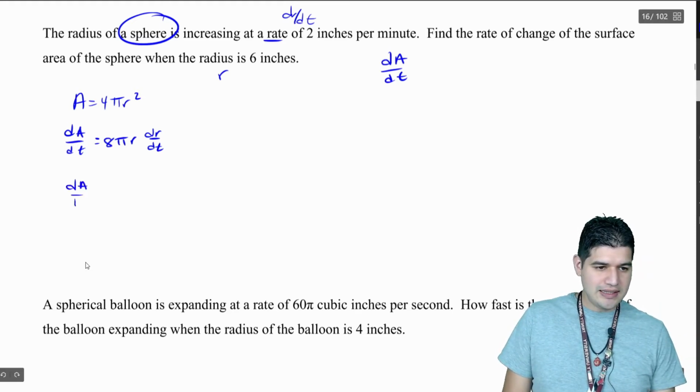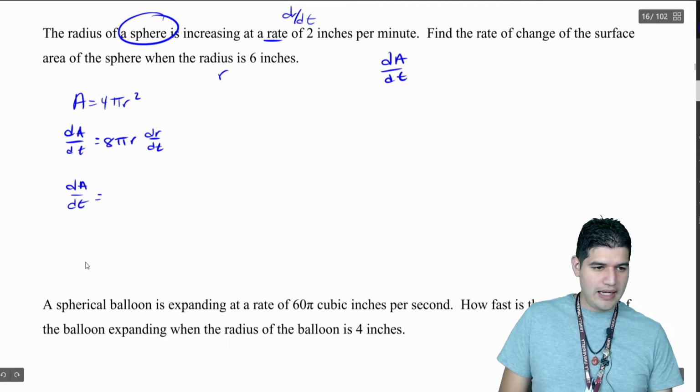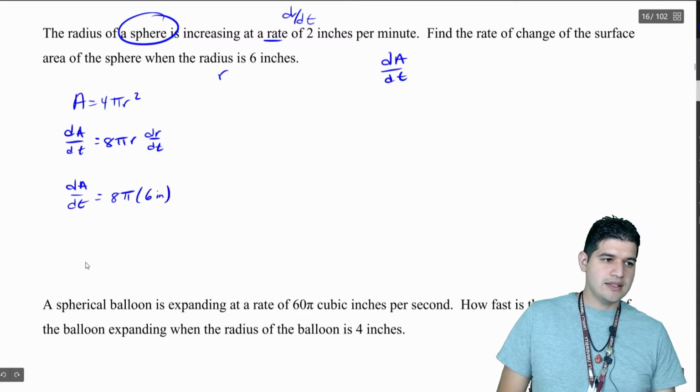So dA/dt equals 8 pi r, which is 6 inches, times dr/dt, which is 2 inches per minute.